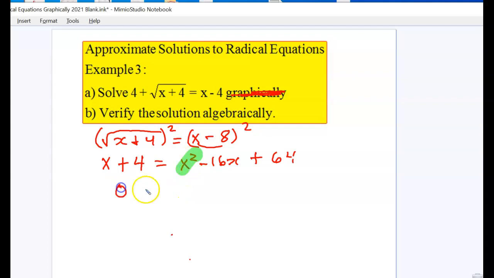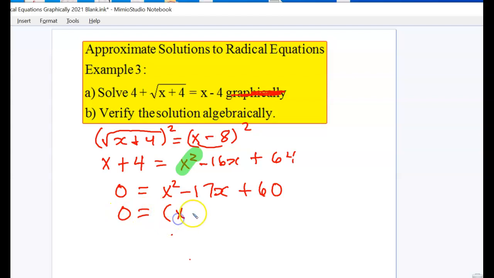So I want to set it equal to 0. I have x squared minus 17x plus 60 is equal to 0. And now there are no two numbers that multiply to give me 60 that add to give me negative 17. Oh, hang on. Yes, there are. Sorry.